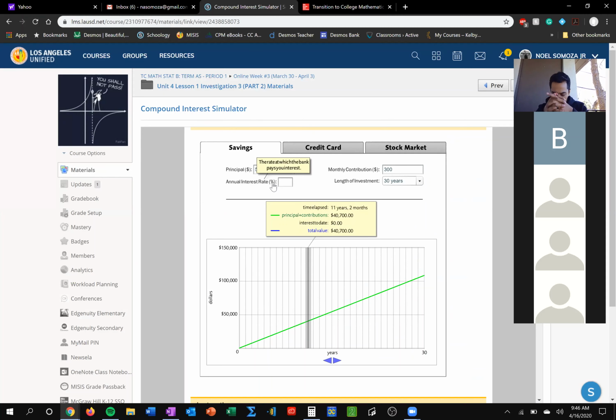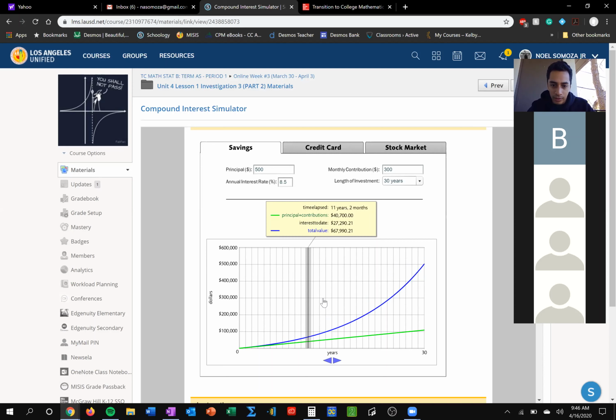Typically, the average interest rate in like a retirement account is like 8%. So let's just go with 8.5% or so. And let's say that you have been saving for about 30 years. Okay, maybe it's not 1,000,000, but it's about 500,000. Okay, so those are the kinds of things that you want to think about.